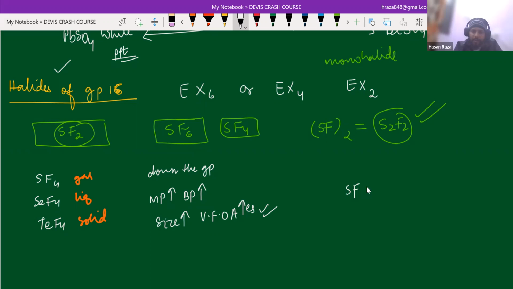Can you tell me the hybridization of sulfur in SF4 first, and then the geometry, and then also the shape?